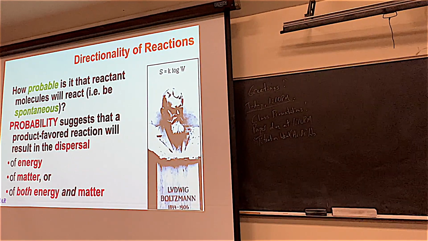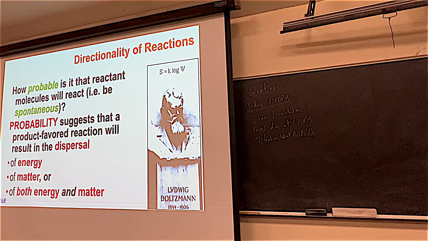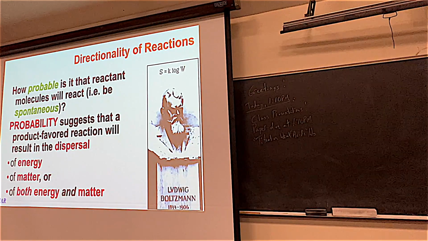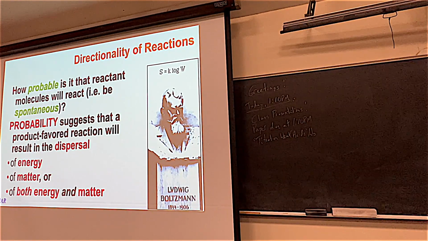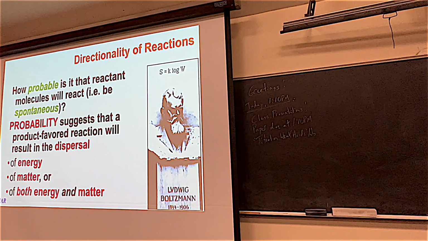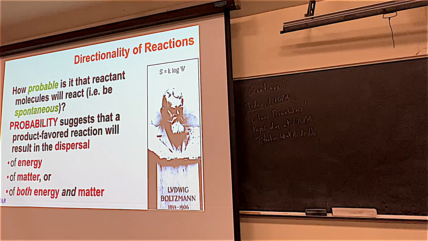Anyway, summarizing how important this is, people looked at all reactions, acids and bases, gummy bears in your body, caffeine in your bloodstream, and the reactions which occur have some kind of dispersal. You either have a lot of energy concentrated and then it's distributed through your body, like the caffeine, or you have matter that's very concentrated, like a sugar cube, and it's distributed through your body, or you have both.